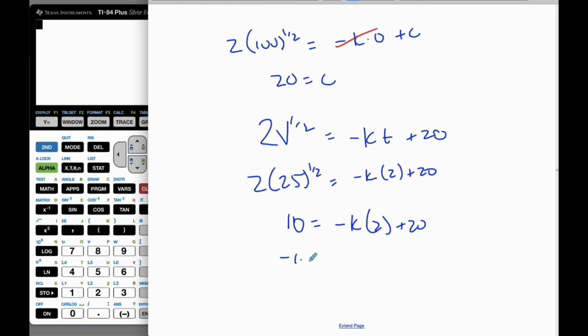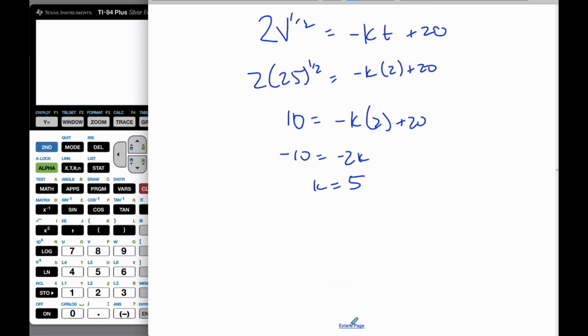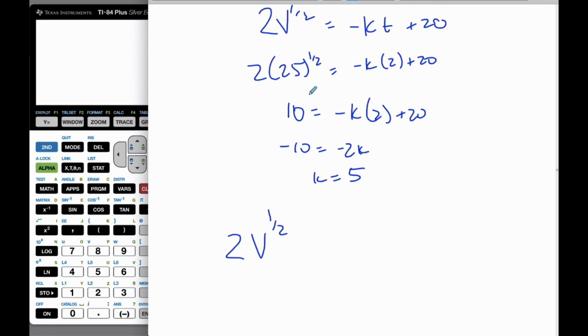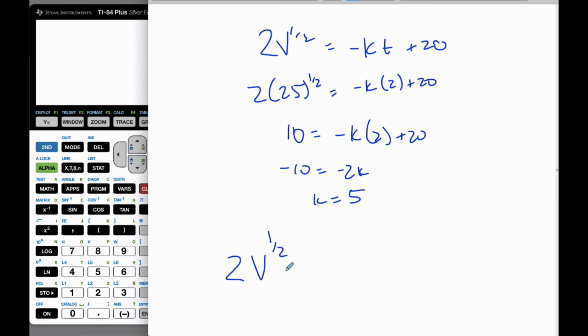Subtract the 20, I get negative 10 is negative 2k, and so k is 5. So now if I put this all together, I get 2v to the 1/2 is equal to minus 5t plus 20.